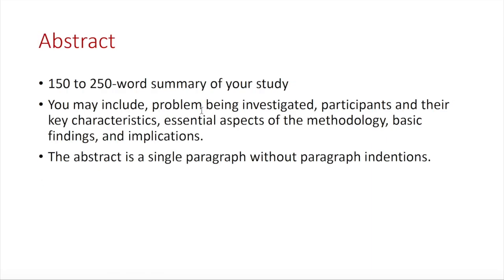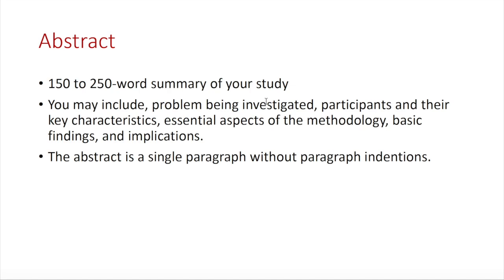And then after the title page, we have the abstract. The abstract is a 150 to 250 word summary of your study, and the general rule is to be as straightforward as possible. There's no need to put background information in the abstract.